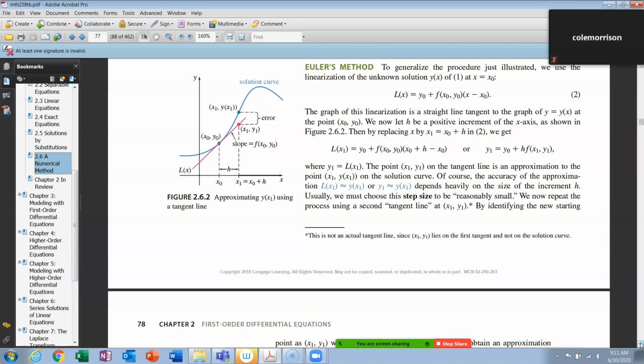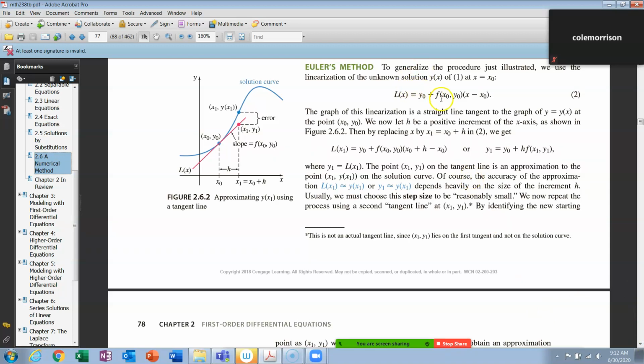Okay, so to generalize the procedures we just illustrated, we use the linearization of the unknown solution, y of x, at the point x equals x0. That's the first thing we did.